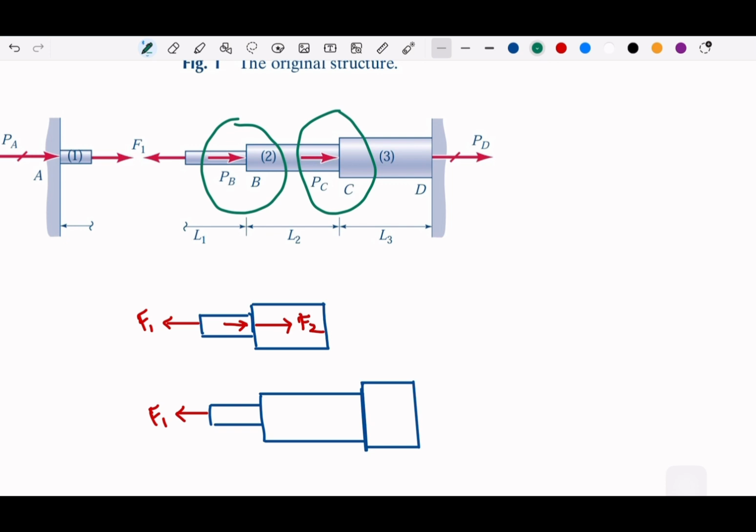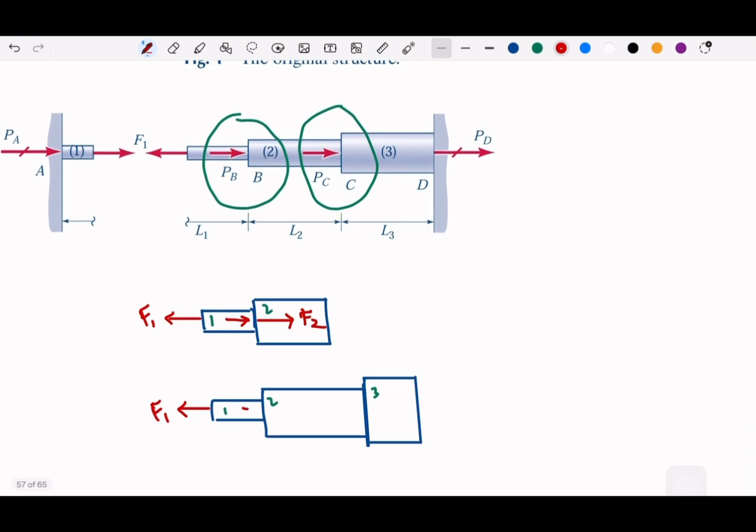So suppose this is 1, this is 2, 1, 2, 3. Maybe it is better if I draw here the F2. What we care about is that we are making the internal force an external force.